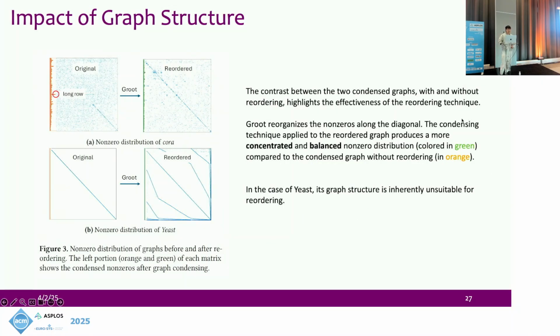And these pictures visualize the effectiveness of the graph structures on the algorithms. It can be found that Groot reorganized the non-zero elements along the diagonals, and the condensed techniques further produce more concentrated and balanced non-zero distributions for the graphs.